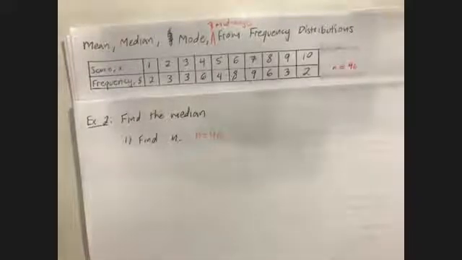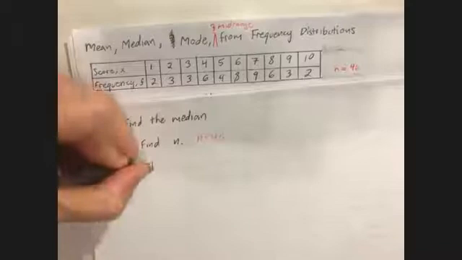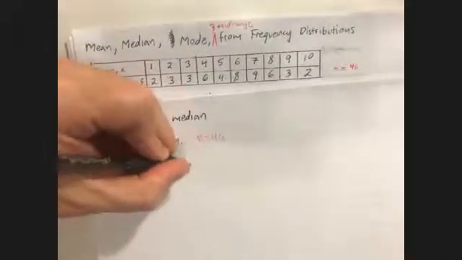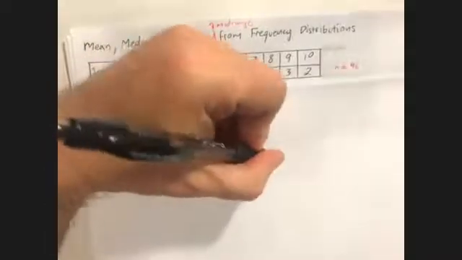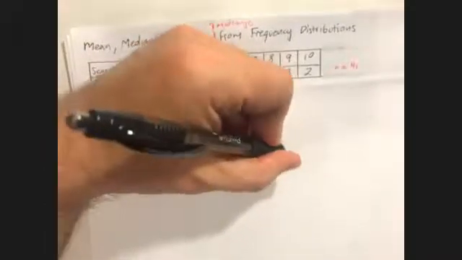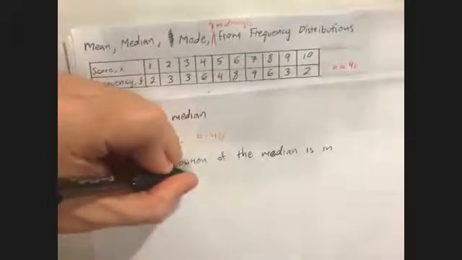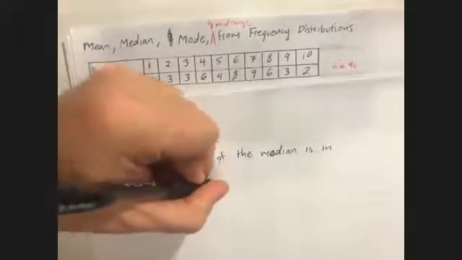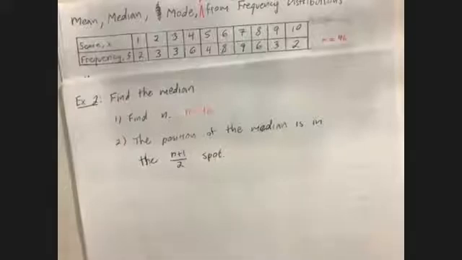So that means that the position of the median is in the (n+1)/2 spot. Now in the previous video, I mentioned that.